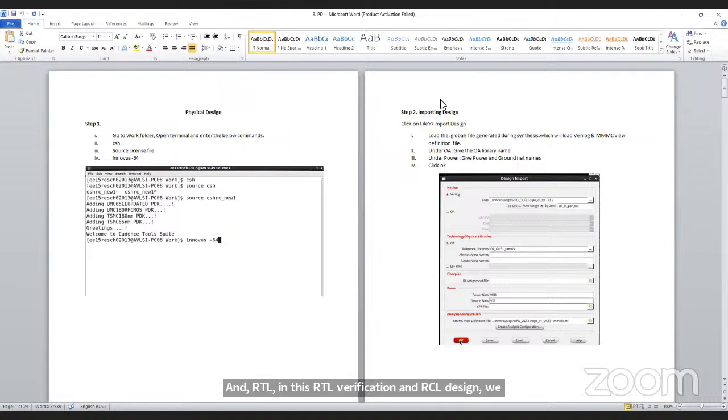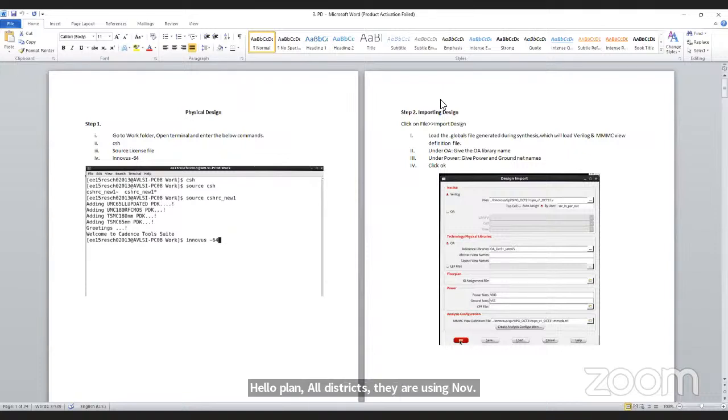For synthesis, we use the Cadence Genus tool. And for physical design, like placement, clock tree synthesis, floor plan and routing, we use Innovus.